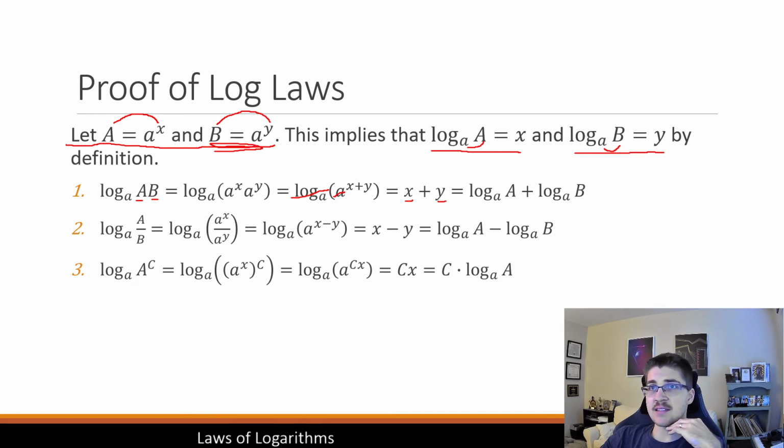Because that's exactly the purpose of x and y in those equations. And so that would leave me with simply x plus y, which are equal to, substituting in, log base a of A plus log base a of B. And that is an algebraic proof of this.